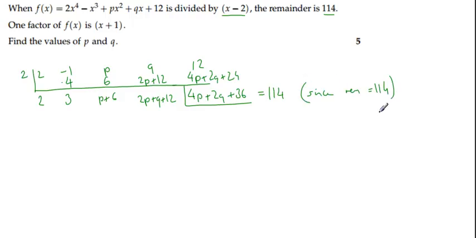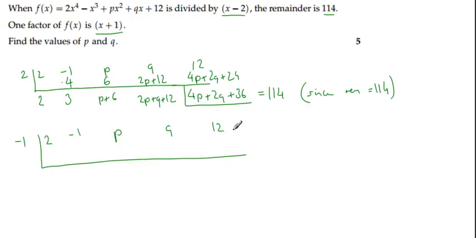Okay, so that's there. And then the second one, the factor, is x plus 1. So that becomes x equals -1 on the side. So 2, minus 1, p, q, 12. We know because it's a factor, there's no remainder, so whatever comes here should equal 0.